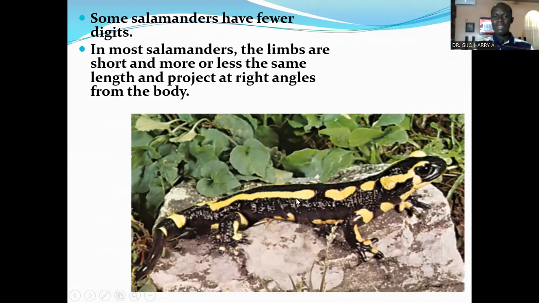Their bodies are usually moist and they do not have scales, while reptiles have scaly skin, and the terrestrial ones usually have dry skin. Salamanders are basically amphibious, living both on land and in water, and the skin is used for respiration as a supplementary respiratory organ.